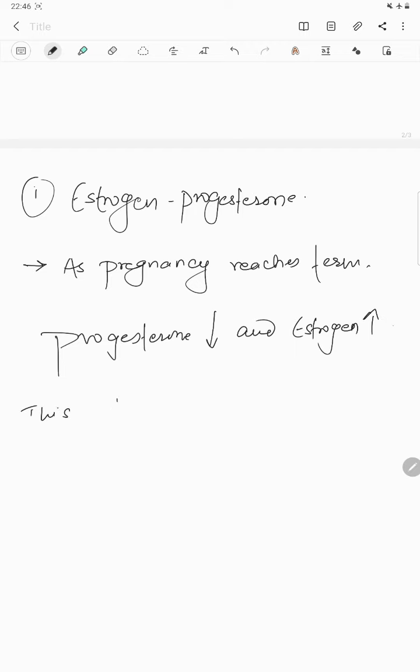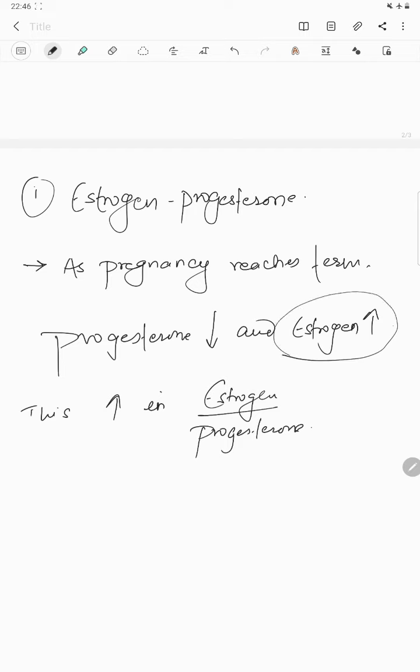So this increase in the estrogen to progesterone ratio, not only the rise in estrogen is responsible, but it is also the decrease in progesterone that is responsible for increased contractility of the uterus.